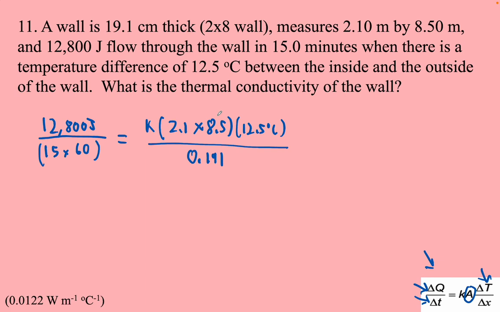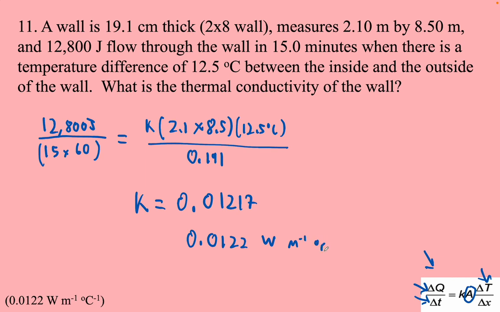And I get k is equal to, you've got to be able to clear fractions here, 0.0121745, blah, blah, blah, right? So that would be 0.0122, and that is watts per meter degrees Celsius, right?